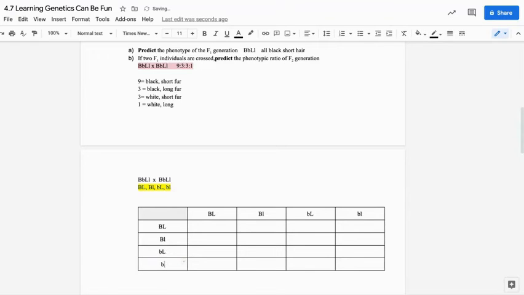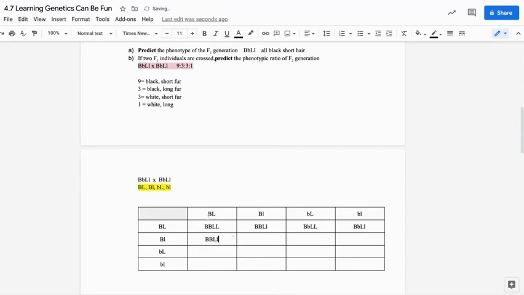So now we're going to fill in all the possible babies. So let's assume this is egg and sperm. If they unite, you get this. Egg and sperm, if they unite, you get this. Egg and sperm, let's assume you get this. This could happen in fertilization. We just don't know. This could happen.